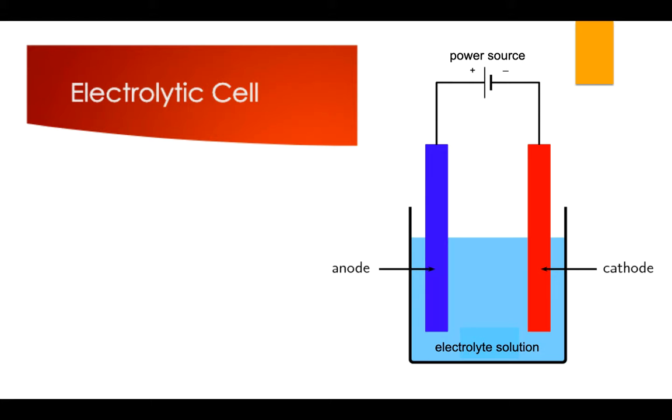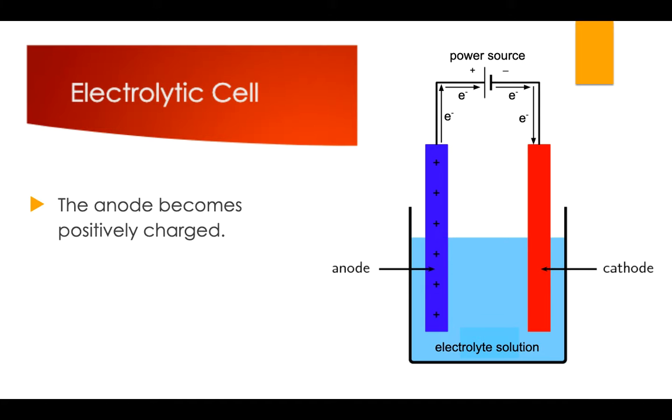We still have oxidation occurring at the anode, it's losing electrons, and reduction occurring at the cathode, it's gaining electrons. It's just being helped to do that by the power source.